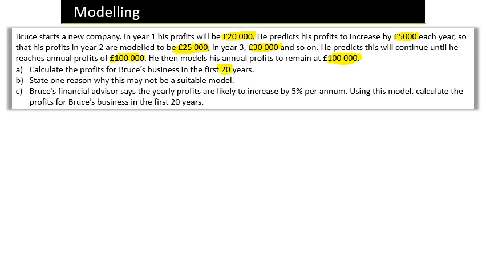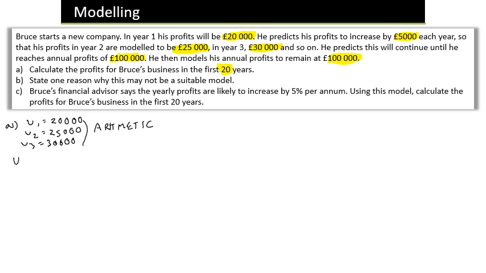Fine. So for part A then, let's just begin by thinking about what we've got. The first term in our sequence is 20,000. The second term is 25,000, and so on. And so what this is forming is an arithmetic sequence, and it's arithmetic because it's increasing by a common difference each time.